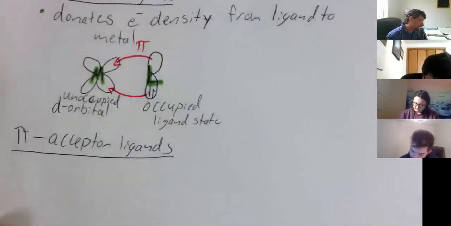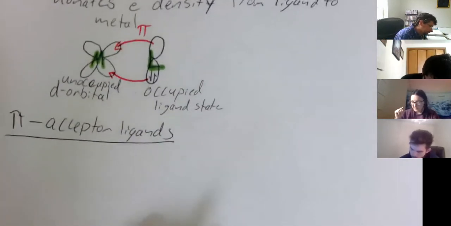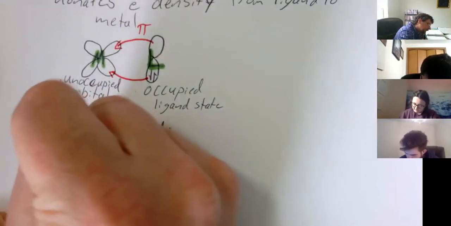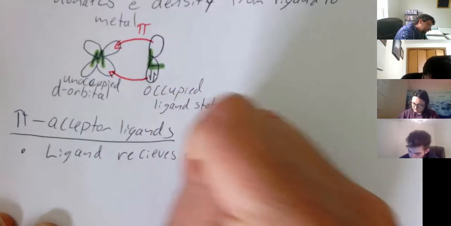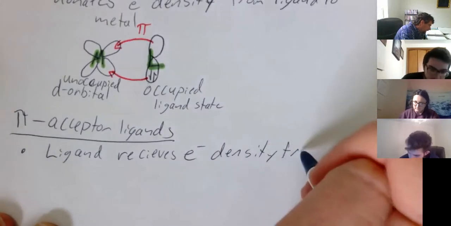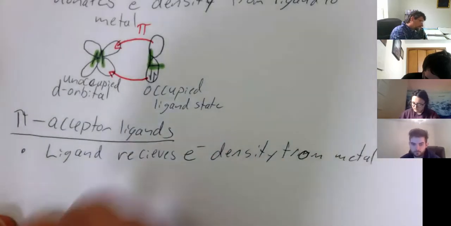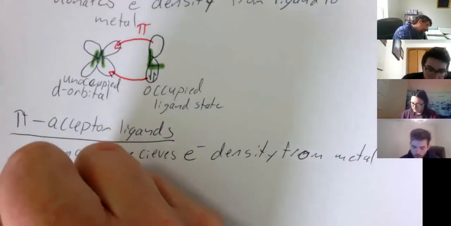Pi acceptor ligands. So tell me what's going to happen there. It's going to go from the metal to the ligand. Yep. The ligand receives electron density from the metal. So we got our metal.